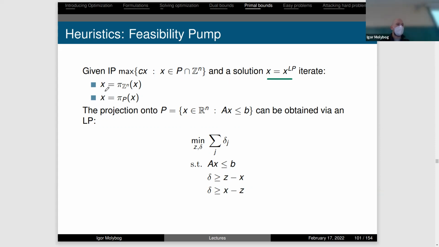On the first stage, we are projecting x onto the space of integral vectors, so we are rounding, and then we are projecting it onto the original polyhedron, or the original formulation of the IP that we were working on.